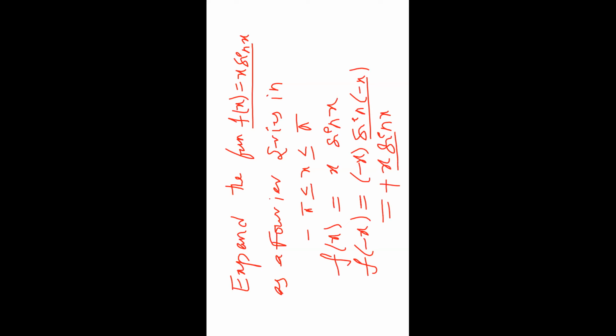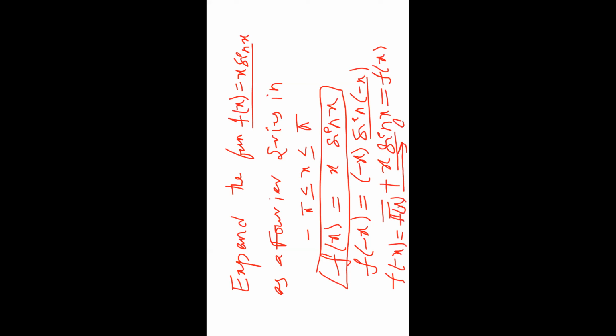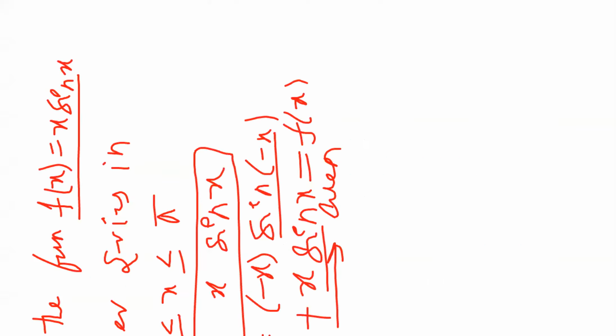So x sin x, so x sin x is the f of x. So f of minus x, we get f of x. So it is clearly an even function. So we have to calculate a naught and an in the complete f of x formula.